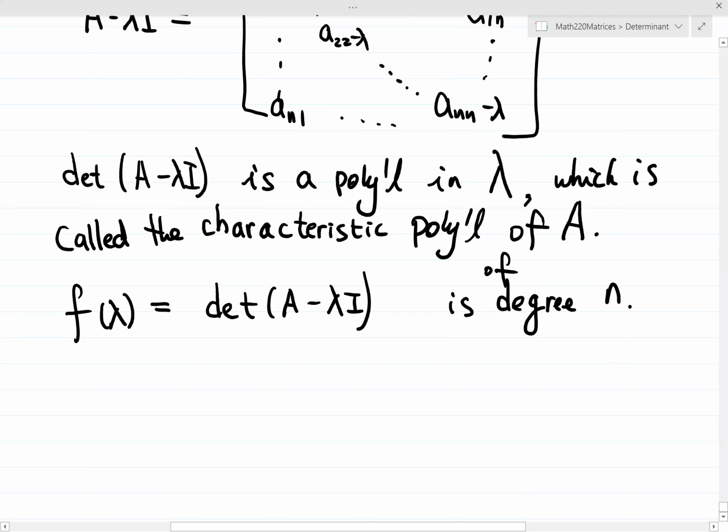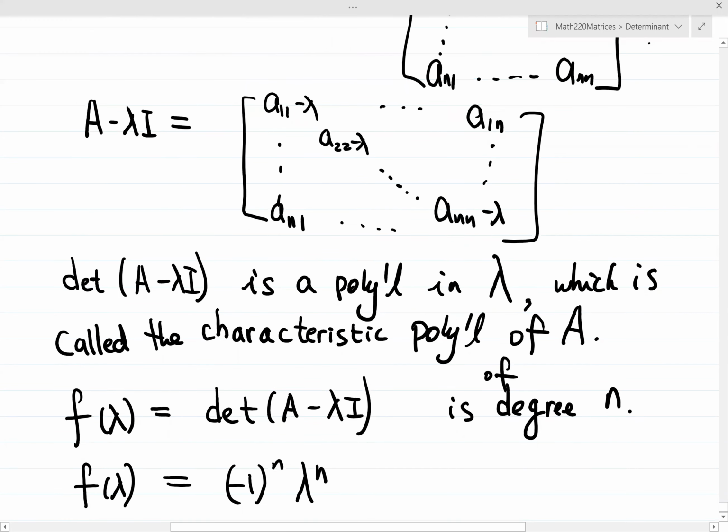Now, to determine a polynomial, it suffices to determine all its coefficients. It's a finite degree, so we just determine all its coefficients. So f(lambda) can be written in this form. The highest degree term is lambda to the power n.